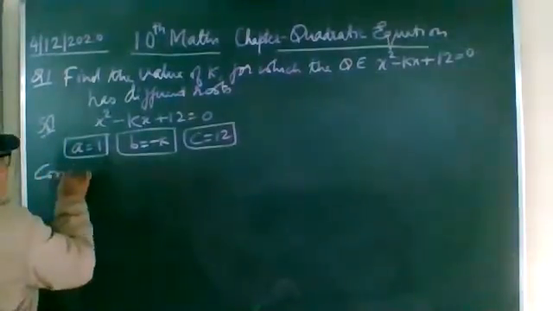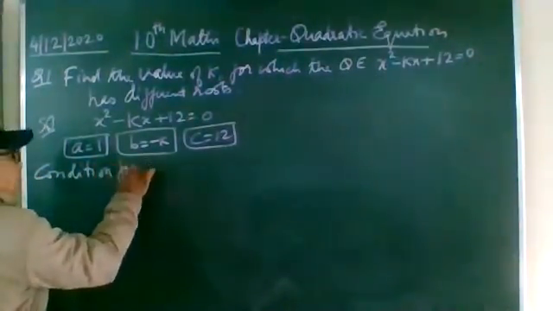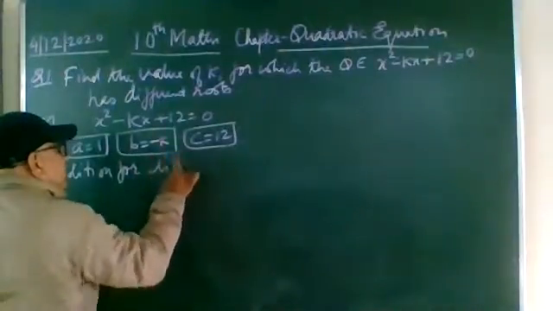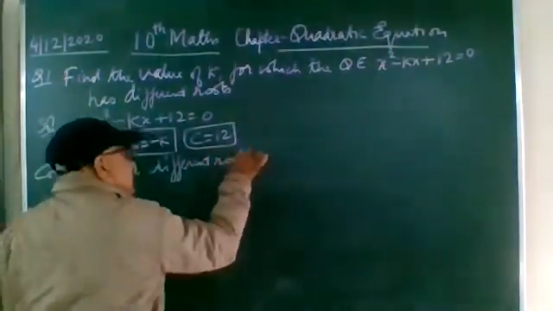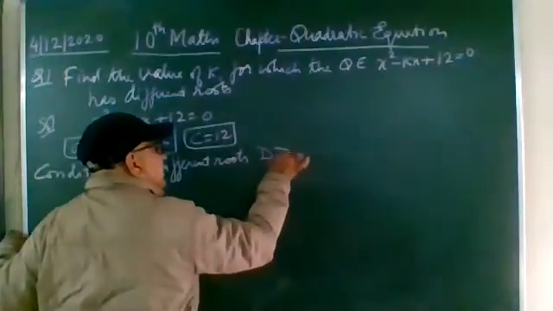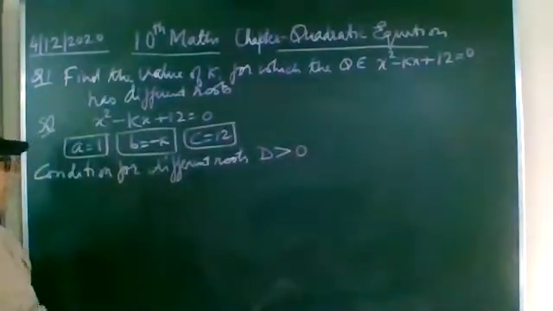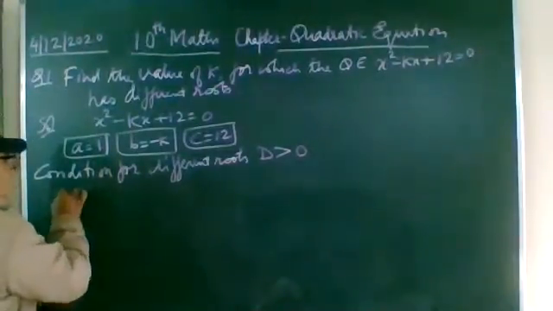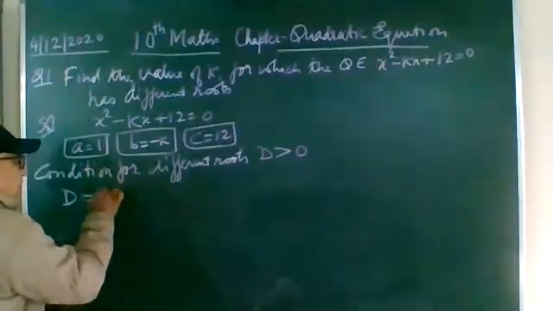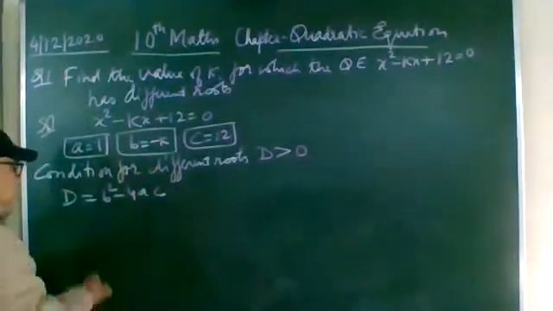After that, write the condition for different roots, that is D greater than 0. Now, the formula for D is what? B square minus 4ac.